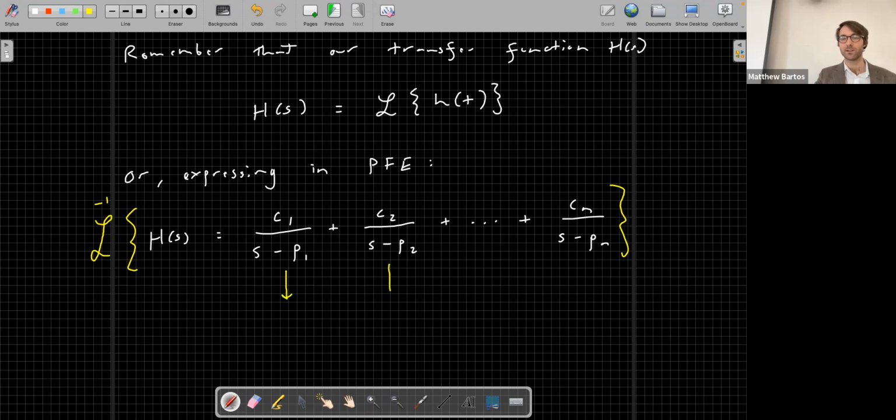We get that each one of these terms produces a term in the impulse response, right? Because the transfer function is equal to the impulse response in the frequency domain. So, assuming p1 is just a single pole here, what is this term if we take the inverse Laplace transform?